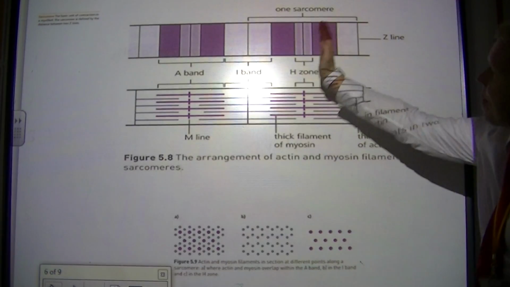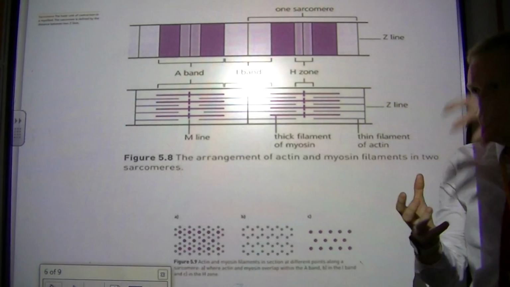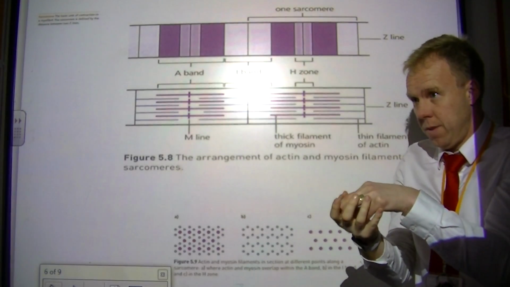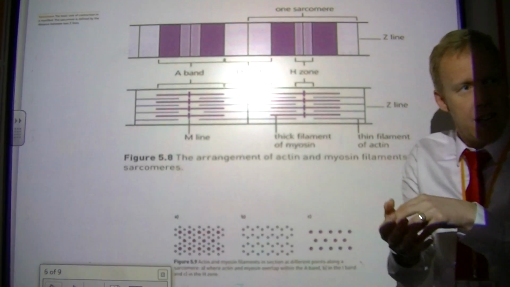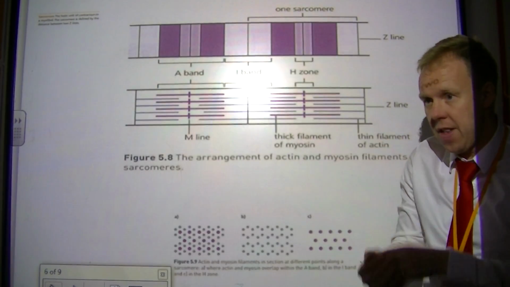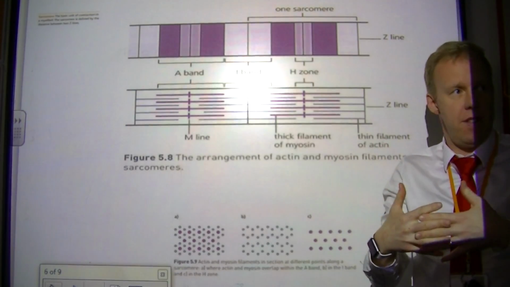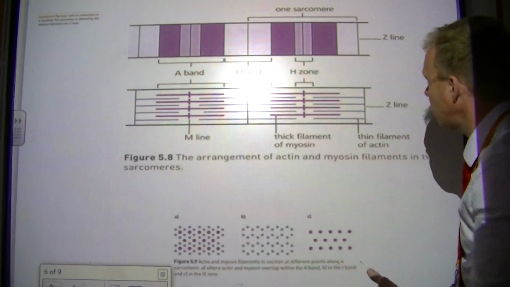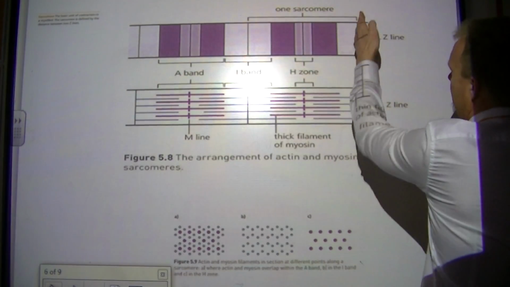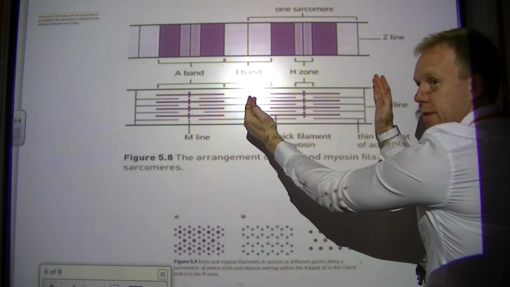In essence, this is a sarcomere relaxed, before contraction occurs. And these different colour bands are created when you have an electron microscope. Because the different colour bandings, the darker parts are the more dense parts, okay? And the density is in terms of how much protein fibres there are in there. So, the Z line represents the start and end of a sarcomere.